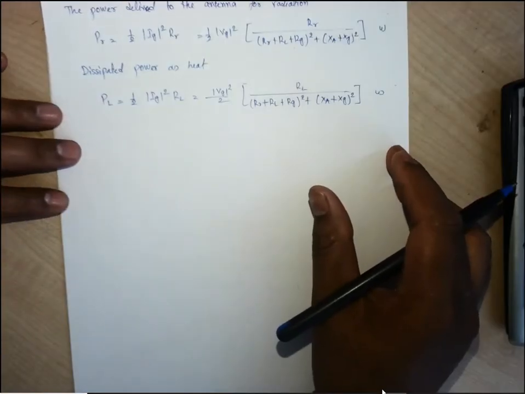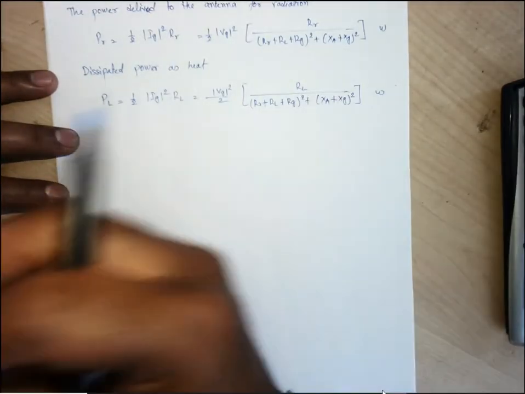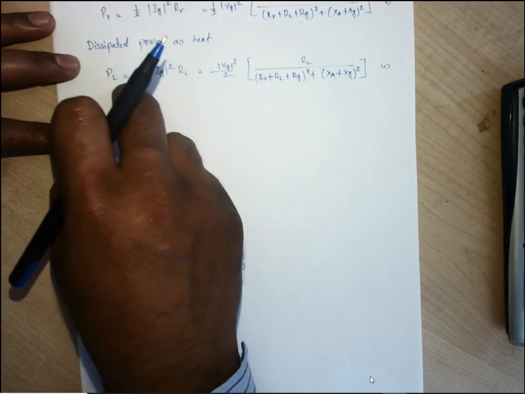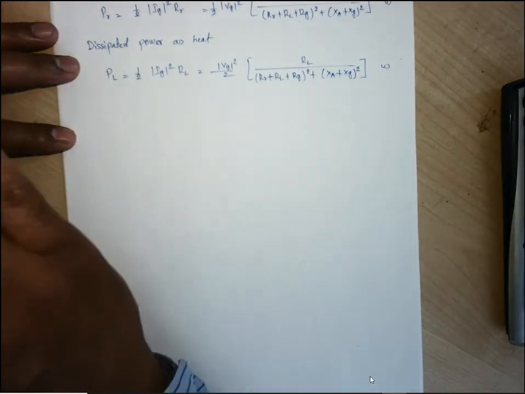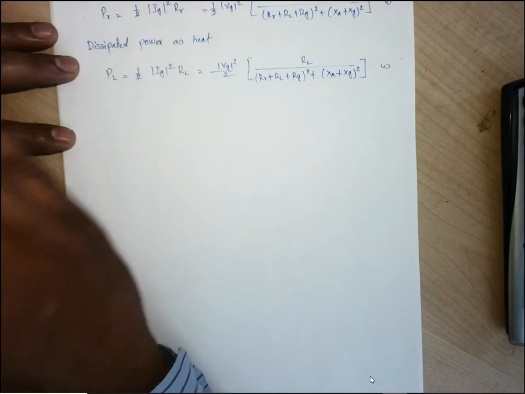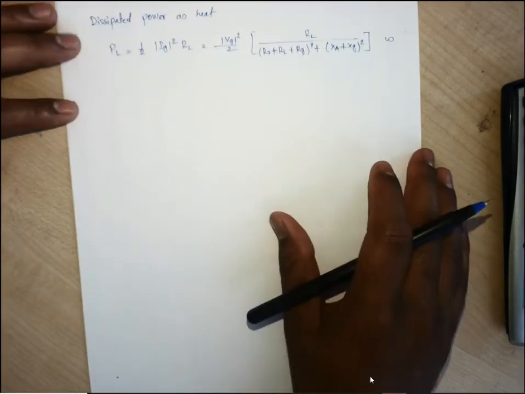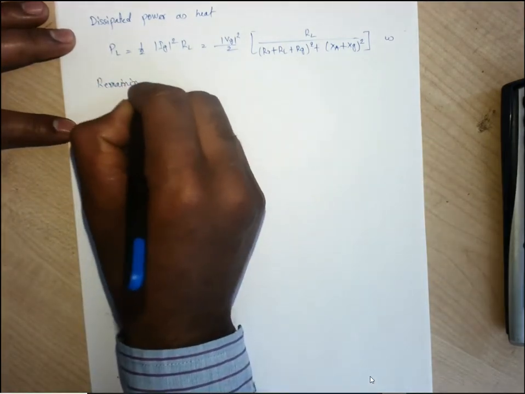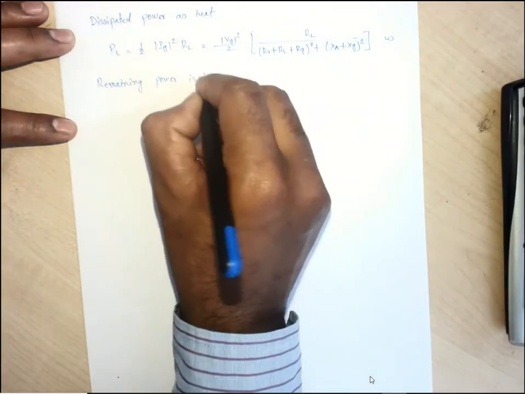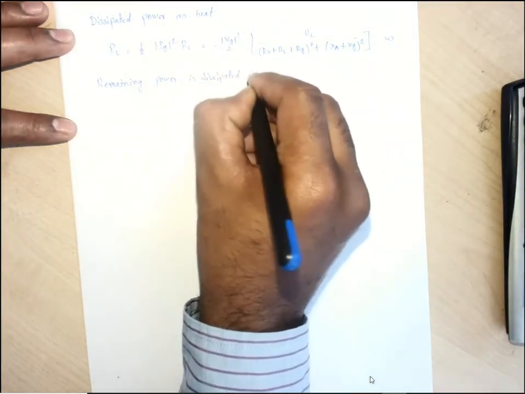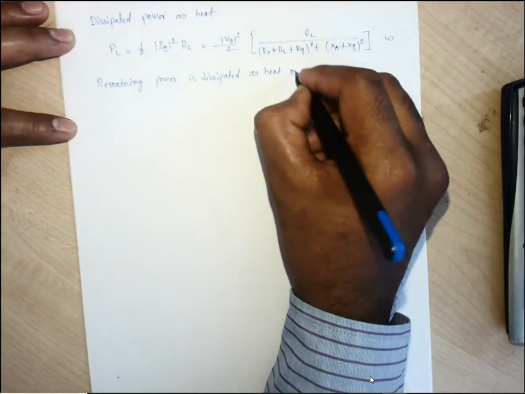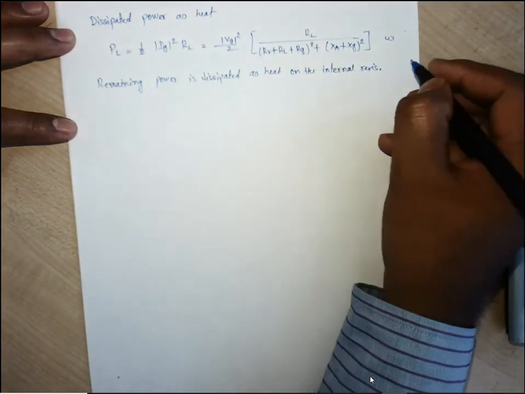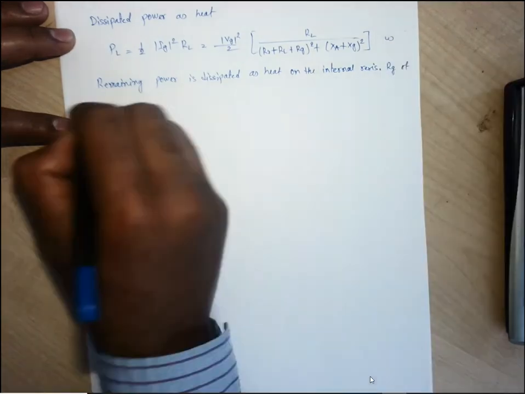Now, what is the total power coming from the source? These are the powers given to the radiation resistance, and this is the power dissipated as heat. The remaining power will be dissipated as heat in the internal resistance Rg of the source, because the source also has certain resistance.